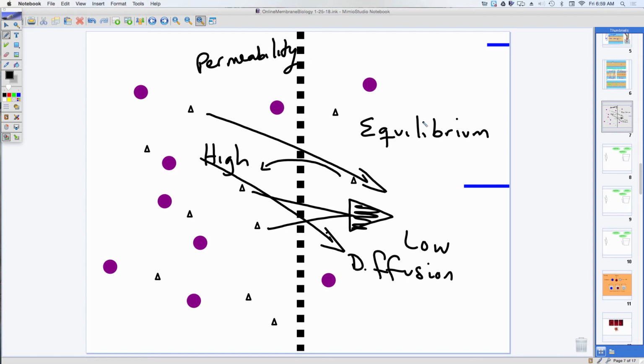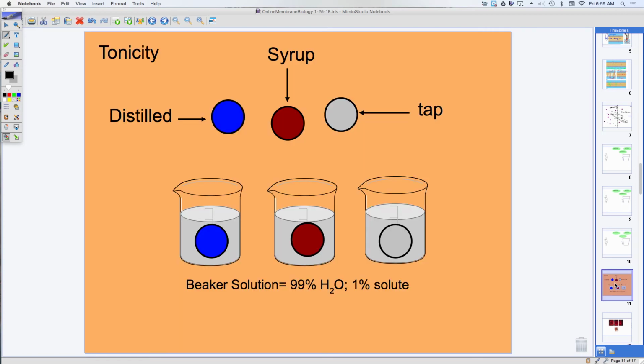Now, we did a lab in class, and we looked at what happens when we added 3 different eggs to 3 different solutions. We took one egg and put it into distilled water, one egg into syrup, and one egg into tap water.